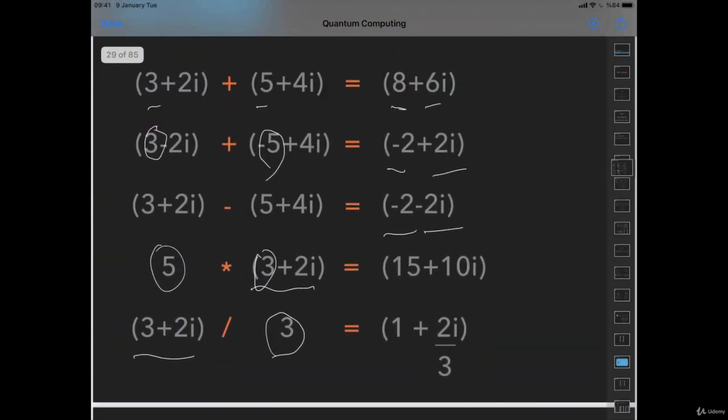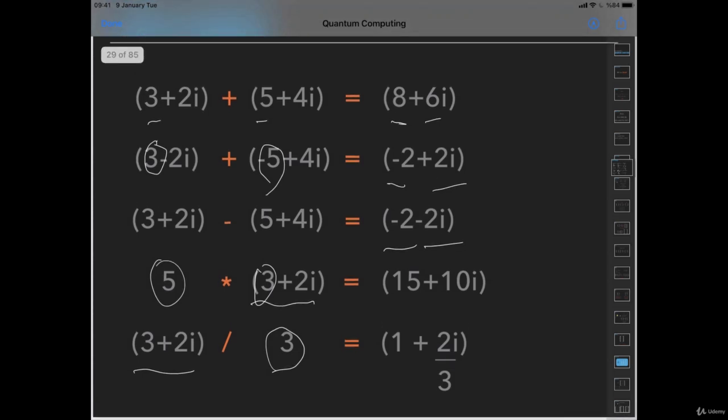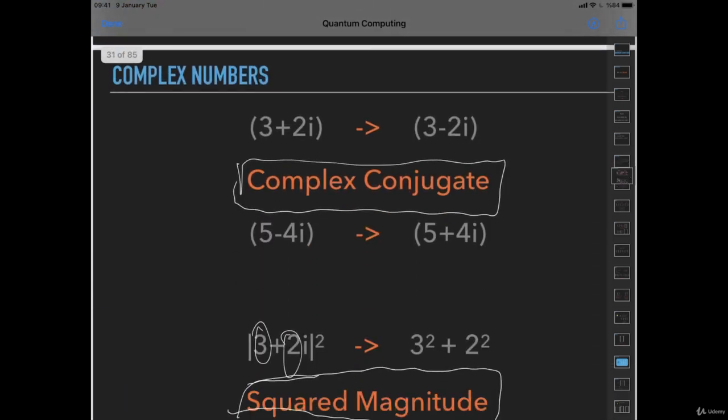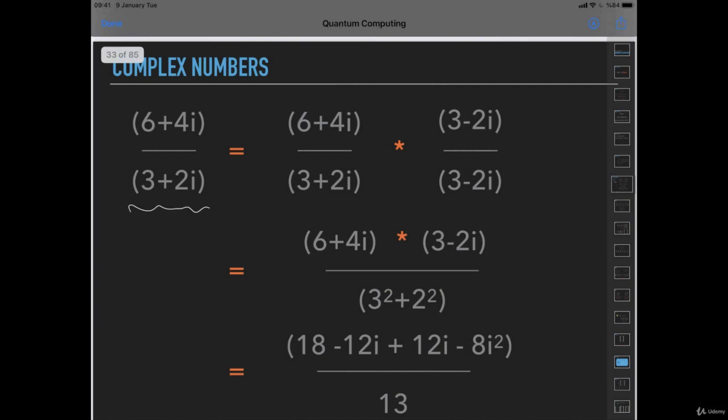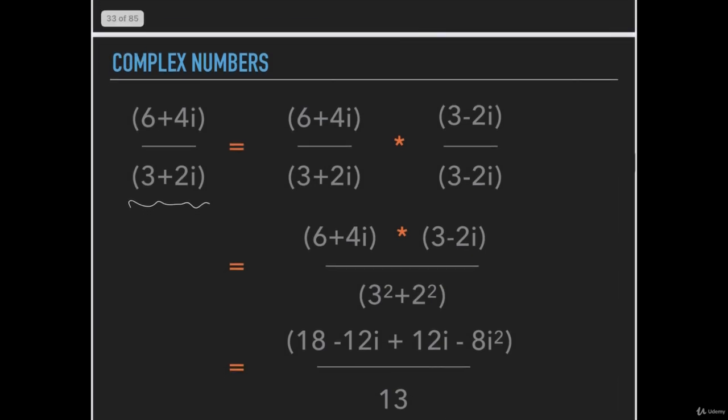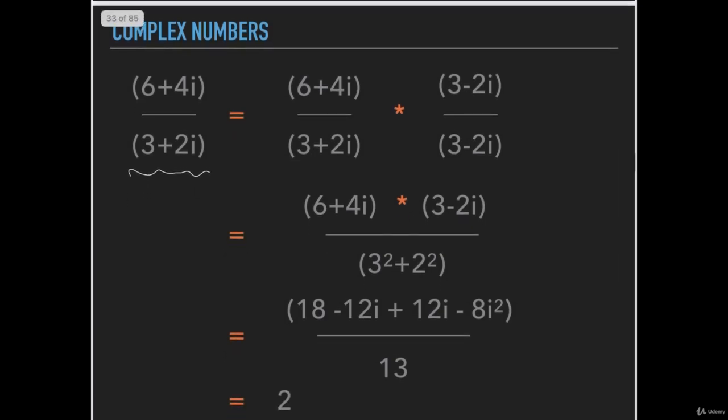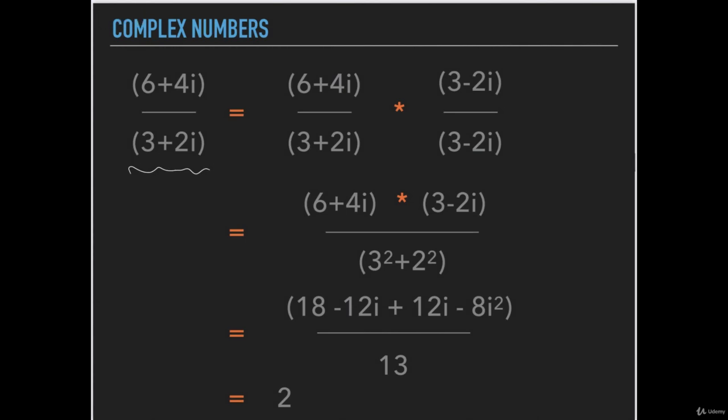Over here we have seen that if we want to divide a complex number by a real number, it's very easy. You just divide the real number and then the imaginary number. By multiplying this with the complex conjugate of itself, I know it's going to result in a real number, because it's going to result in the squared magnitude of the complex number itself.